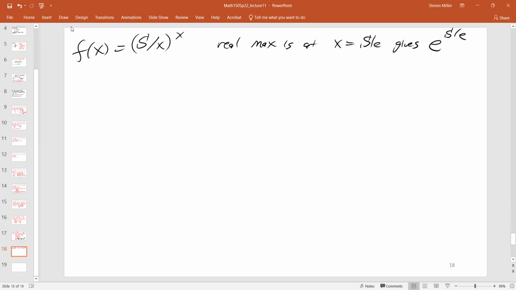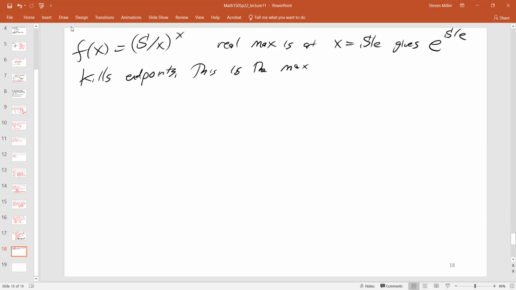So this is clearly going to be the maximum, versus the endpoints. This is the real max. The problem is, it may not be the integer max. Remember, x has to be an integer. So maybe the integer max is nowhere near this.